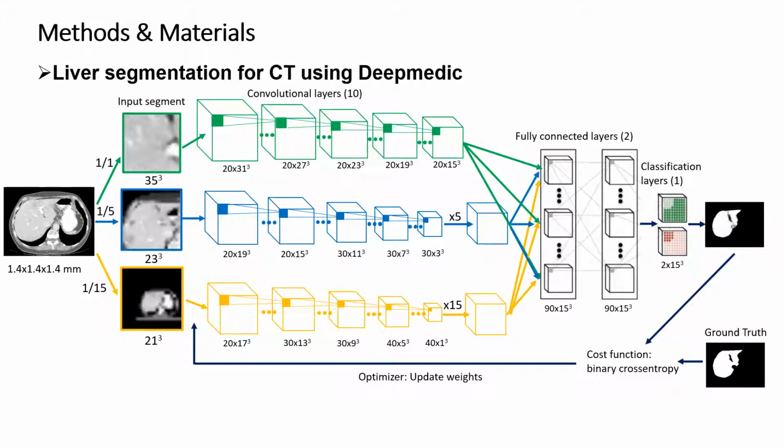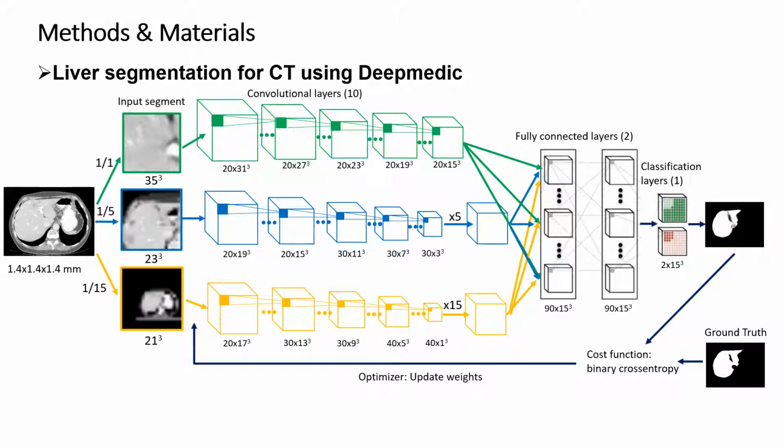The first channel is the high resolution channel, which uses the input patches sampled from the images with the original resolution, and then it extracts the high level features. And the second and third channels use the input patches sampled from the downsampled images, and they extract the lower level and high level features.